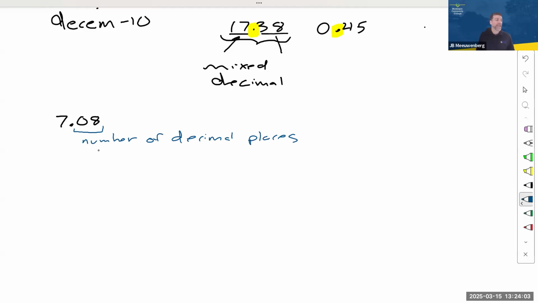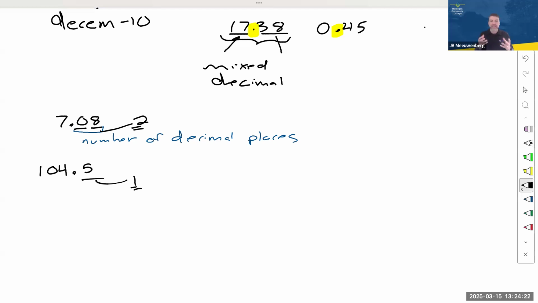So in 7.08, we would say that there are 2 decimal places, the 0 and the 8. If we write 104.5, that is only going to have 1 decimal place.